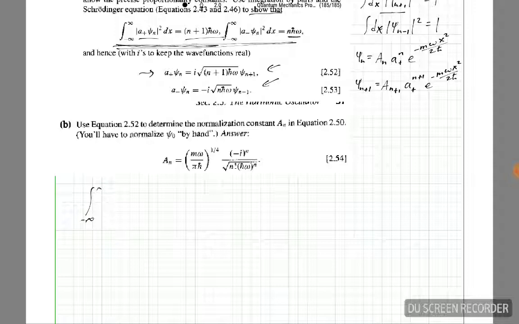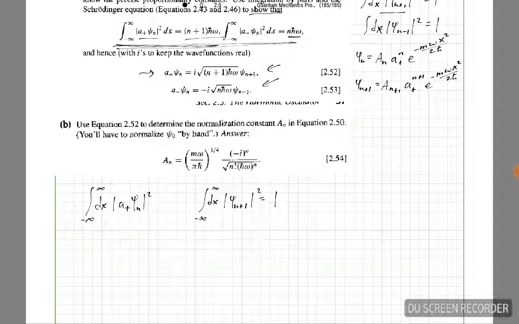So we have our raising operator acting on psi n, and we know that that is a normalizable solution. It is not going to be equal to 1, even though we know that this is equal to 1 squared.